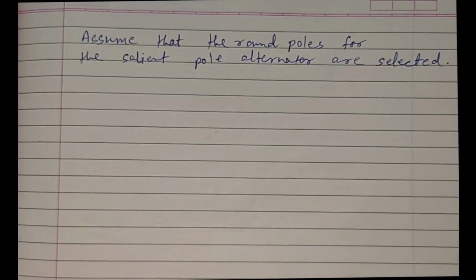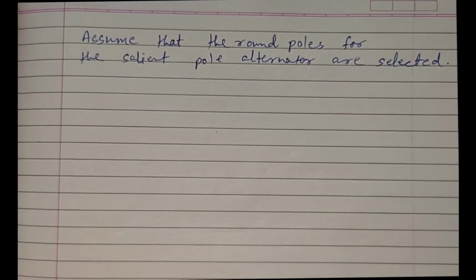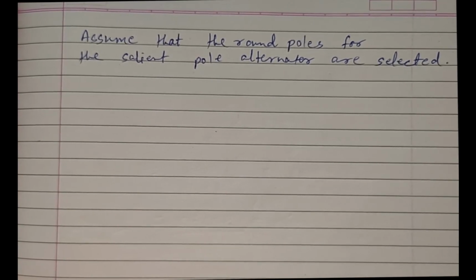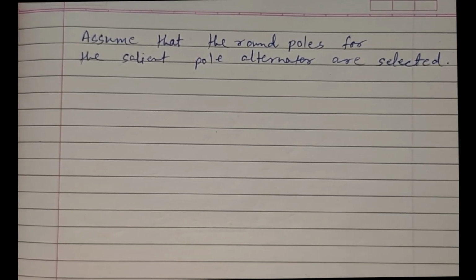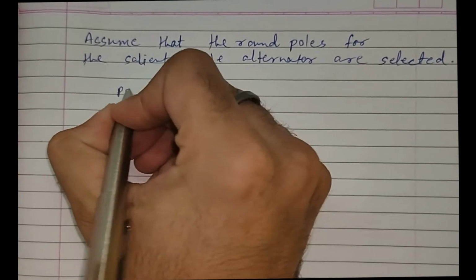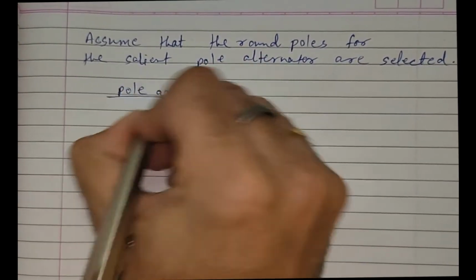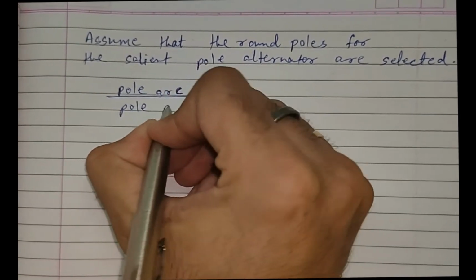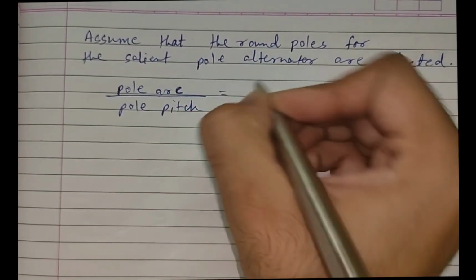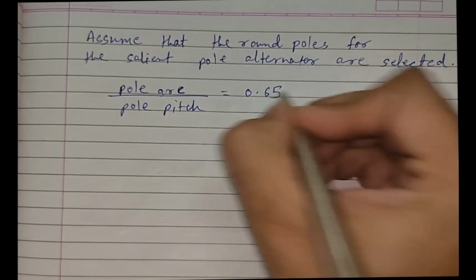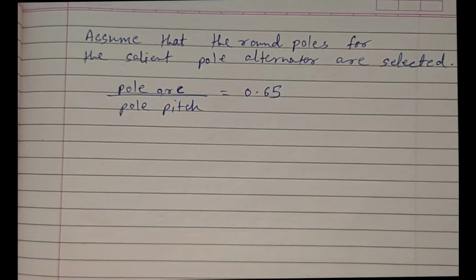The reason behind is that we know that for round pole alternators, the ratio of pole arc to pole pitch is 0.65, and also the pole arc is taken equal to the gross length of the stator.